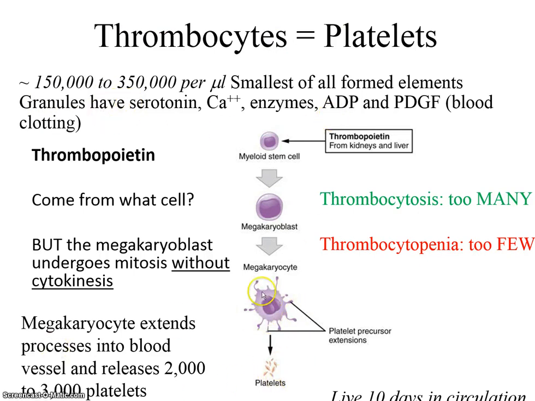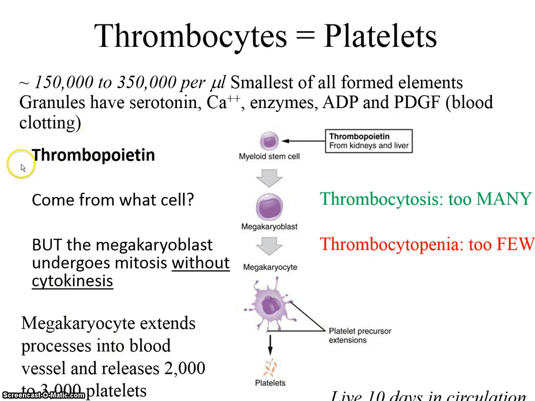What happens is in the red bone marrow, as the hematocytoblast differentiates through the myeloid to the megakaryoblast to megakaryocyte, it gets so big because it's repeatedly undergoing the cell cycle in mitosis but does not do cytokinesis that it can't move out of the bone marrow, and so it extends its processes, part of the cell, out, and it splinters. And so you get platelets from that splintering, okay?